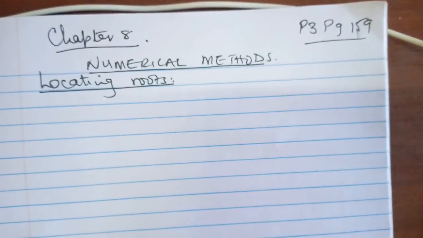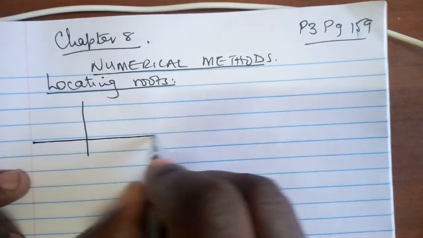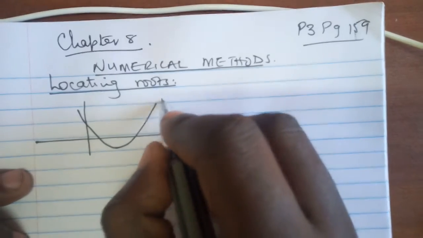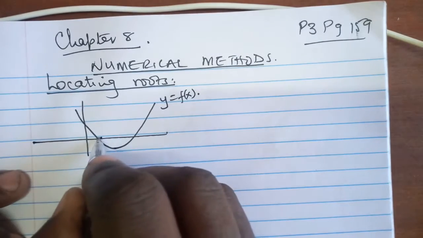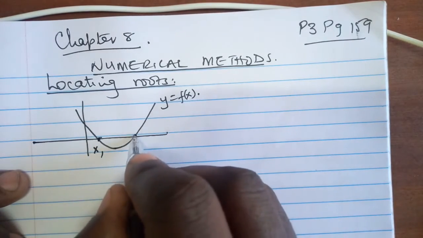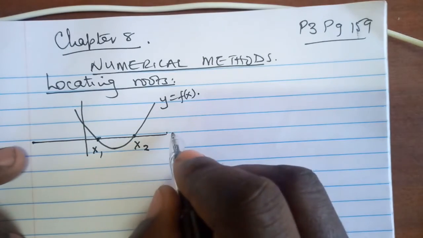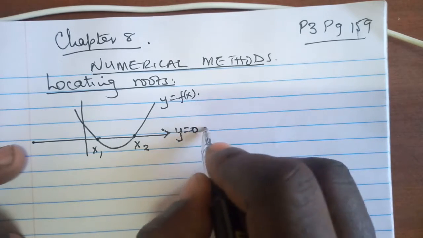What we are saying is this: if you have a general function, and that function could be a quadratic, y equals f(x), and it crosses the x-axis at x1, and it also crosses the x-axis at x2. Of course, we know the x-axis, its mathematical name is y equals 0.